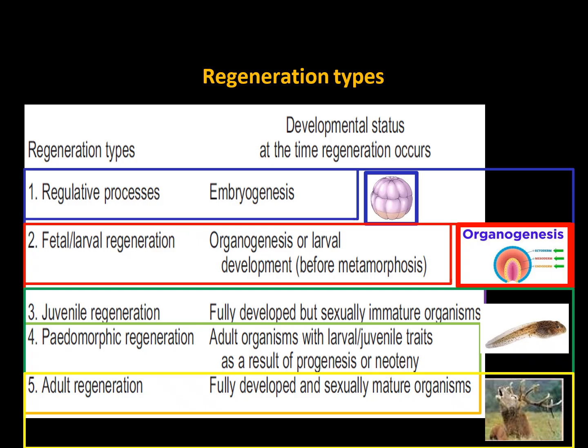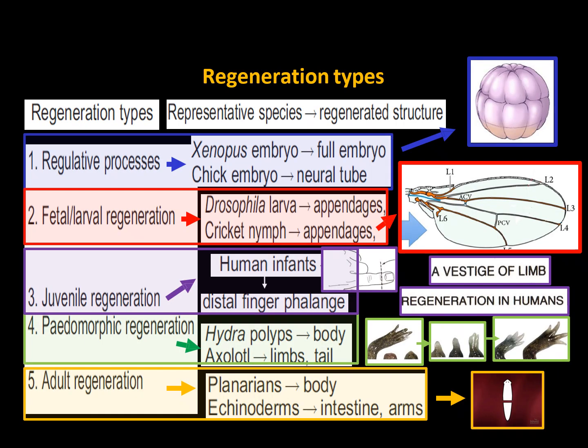But there are different types of regeneration. And here I show you just the diagrams I told you about. If you take part of the embryo and cut those cells, they will be able to fix the damage and produce a normal organism in many cases. In some cases, if the damage is too big, they will produce a smaller organism.